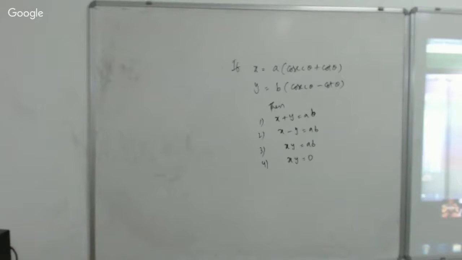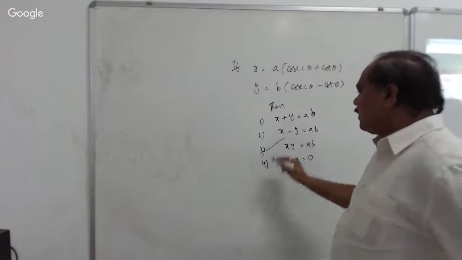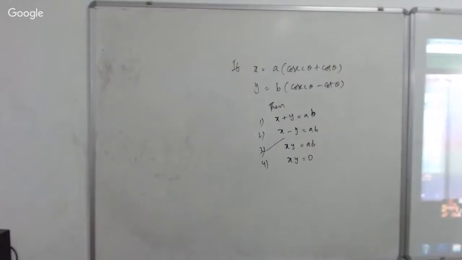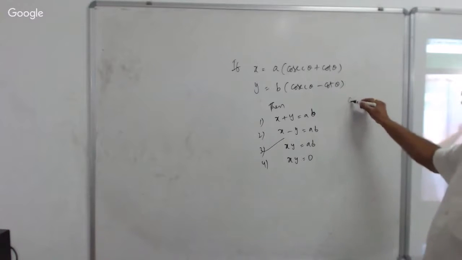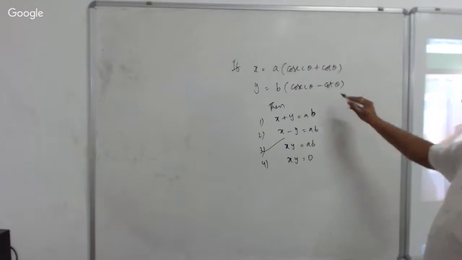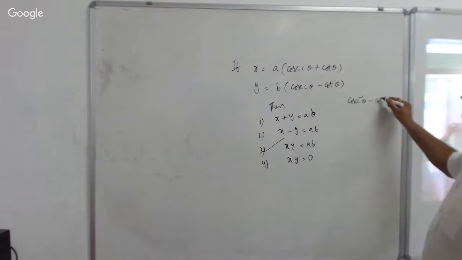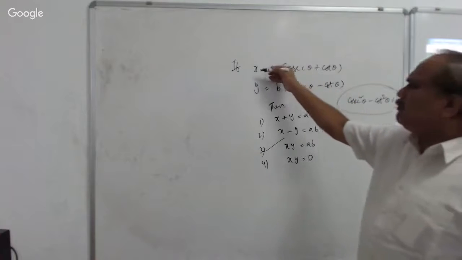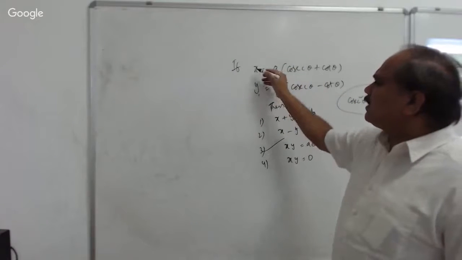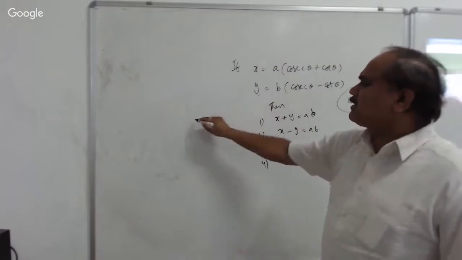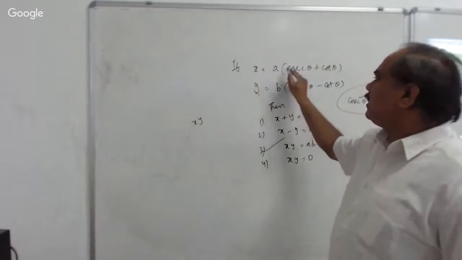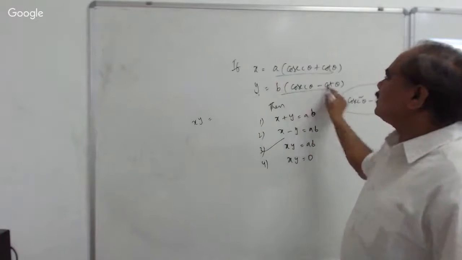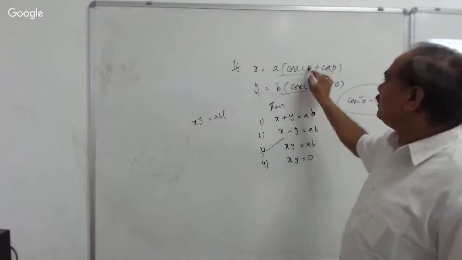Sir, option 3. xy equal to ab. Very good. The answer is the third option. Why? Because we know that cosec square theta minus cot square theta equal to 1. Simply multiply both equations. On the LHS we have x into y. On the RHS we have a into b into cosec theta plus cot theta into cosec theta minus cot theta.